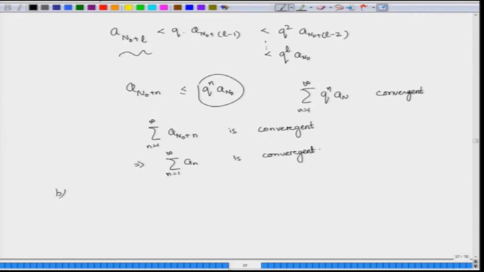Similarly, for part B, if now L is strictly greater than 1, you choose your epsilon to be (L minus 1) by 2, which is strictly bigger than 0.